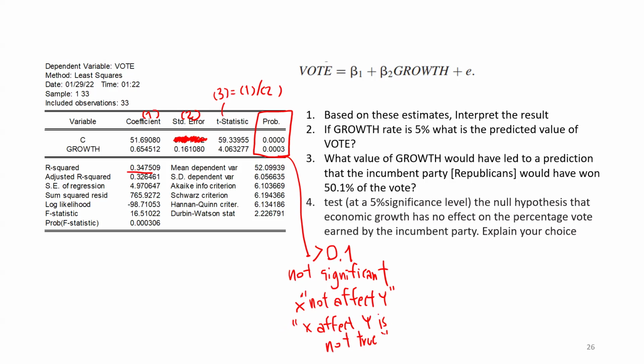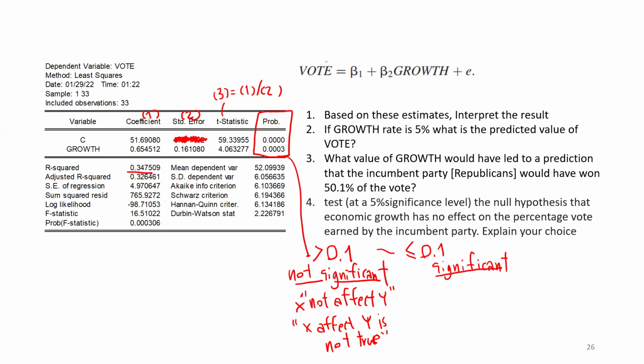Either is okay. But if we face that it is less than or equal to 0.1, we call it significant.